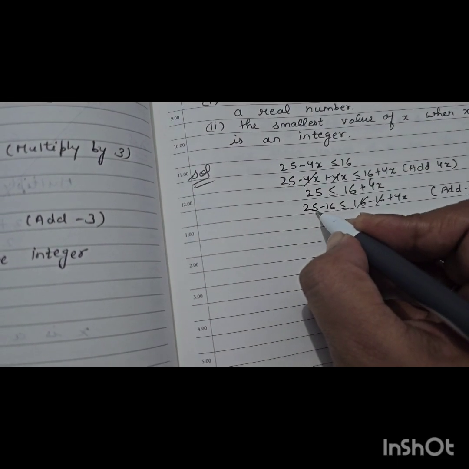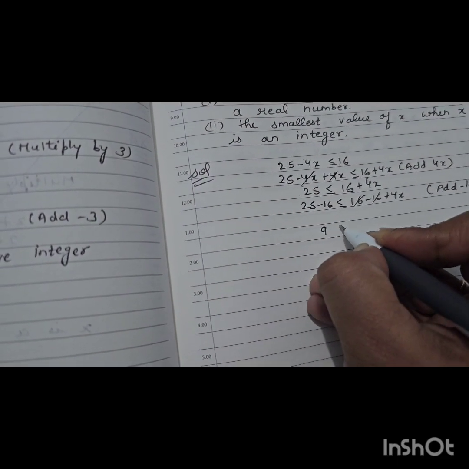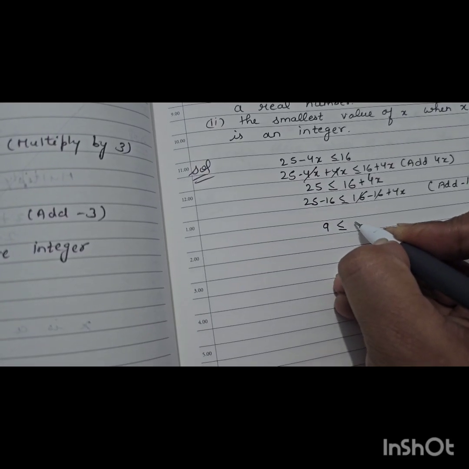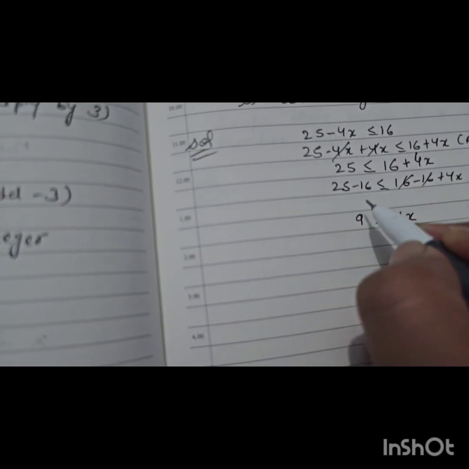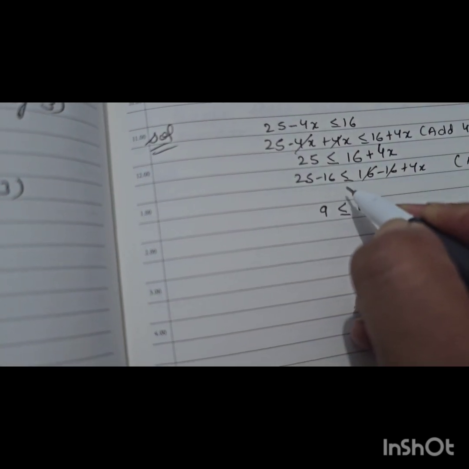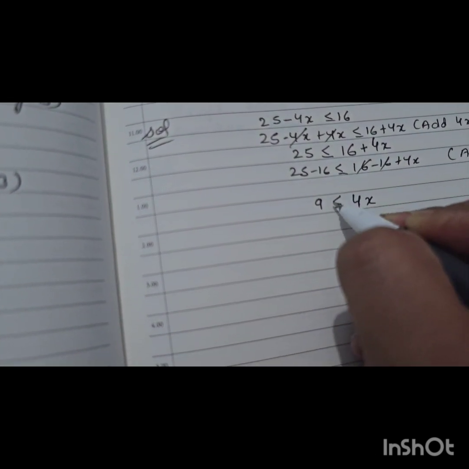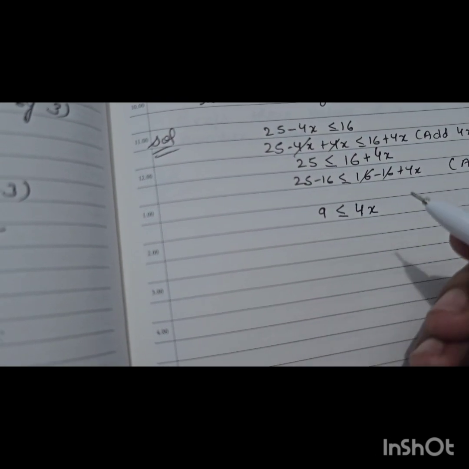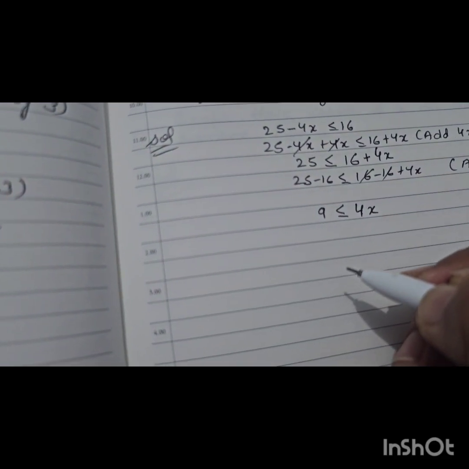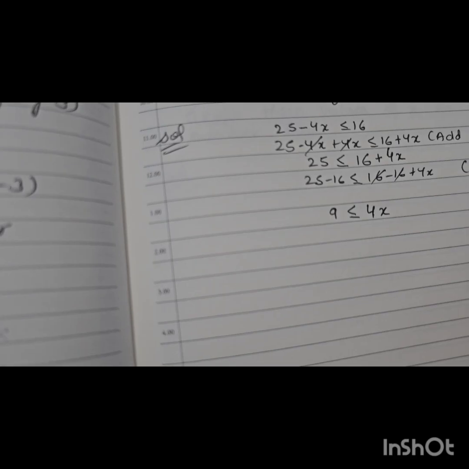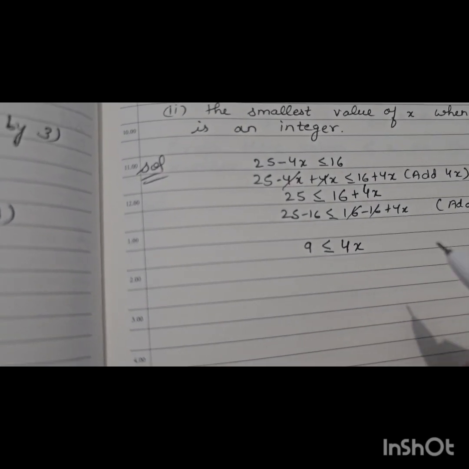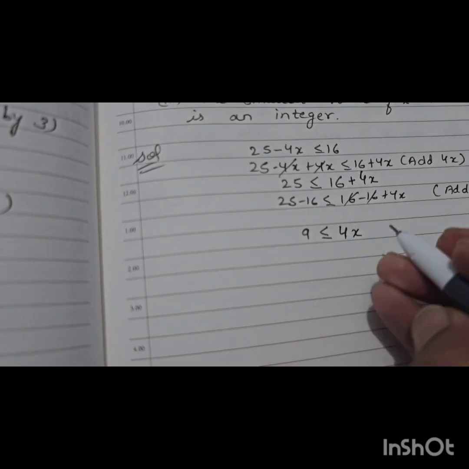Now what we will get, it will be 9 less than equals to 4x. Don't get confused that why we are not inverting or reversing this sign, because we are not multiplying or dividing by negative number. Okay, we are just adding or subtracting the numbers. We are not multiplying or dividing by negative numbers, so we will not do this.